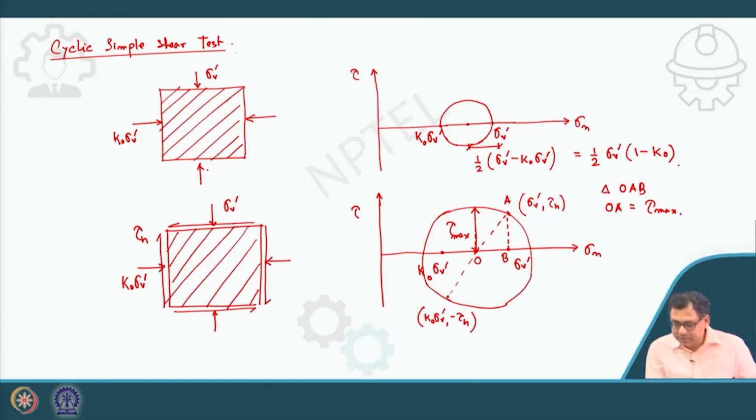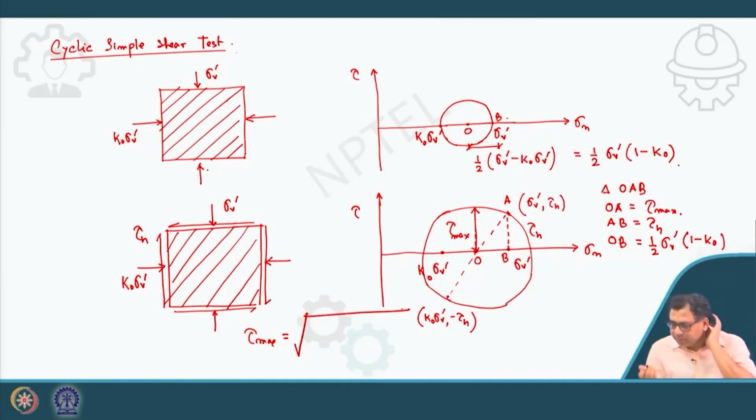that is this distance, tau max, and this one is tau h. That means AB will be tau h, and OB is how much? OB is the same as this radius, so OB will be half sigma V dash (1 minus K0). So from this triangle I can get tau max.